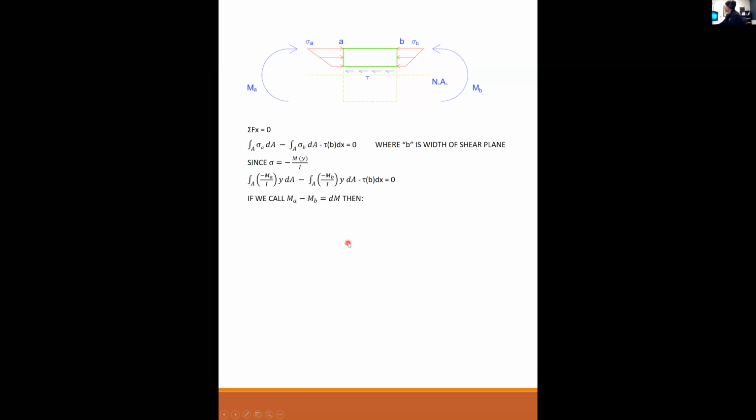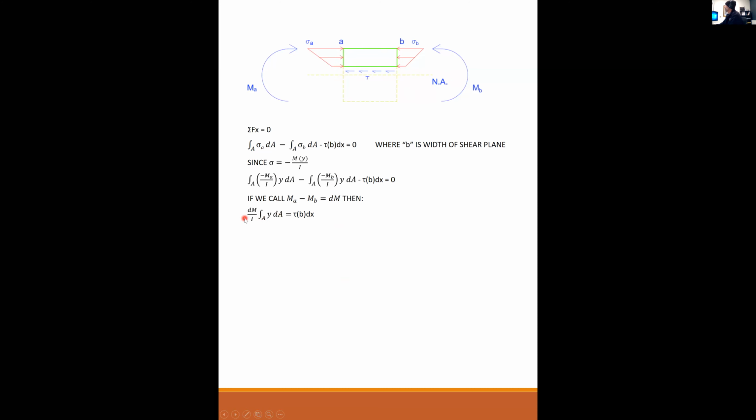Okay, now if I say that the moment at A minus the moment at B is my dM, my differential moment, that is just the difference in the moment between these two edges, then I can simplify this quite a bit, because my MA minus MB can be brought out in front of the integral, because those are not variables with y, those are constants to this whole side.